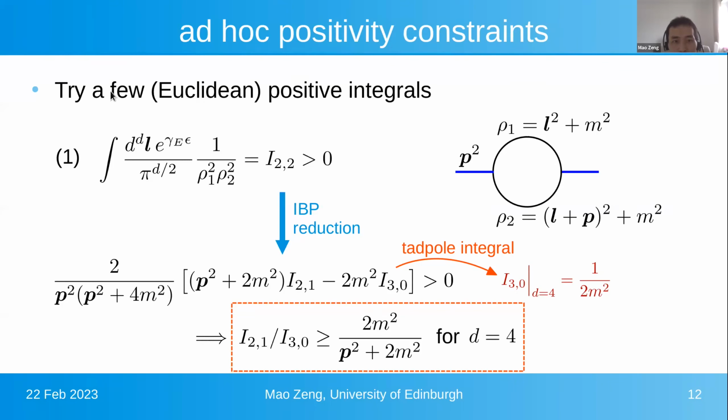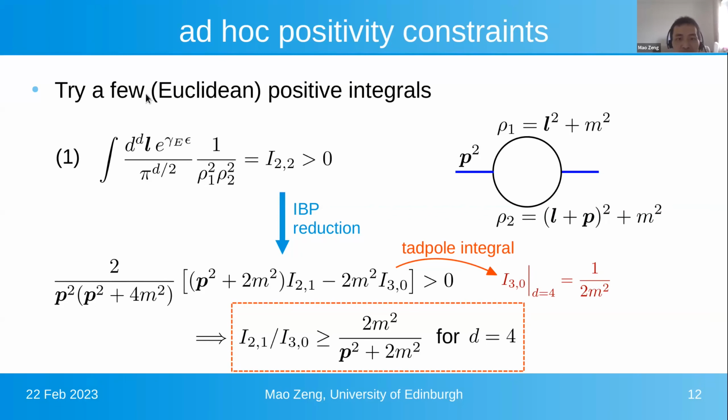Row 1 and row 2 will be the two quadratic expressions, the two propagators. And now I consider this I2,2, which is the integral where both row 1 and row 2 are raised to power 2, so you get something that's quartic instead of the usual quadratic propagator. But still, this integral must be greater than 0 in Euclidean spacetime.